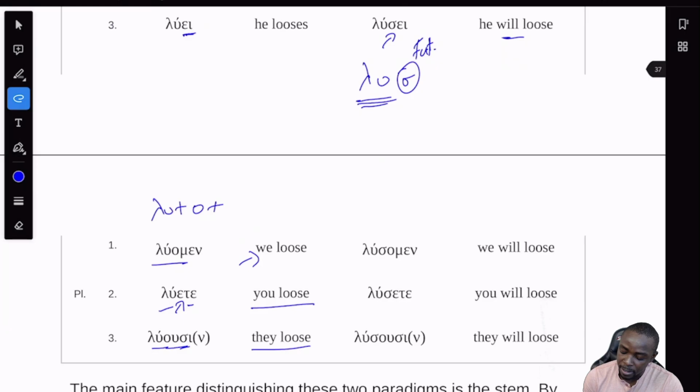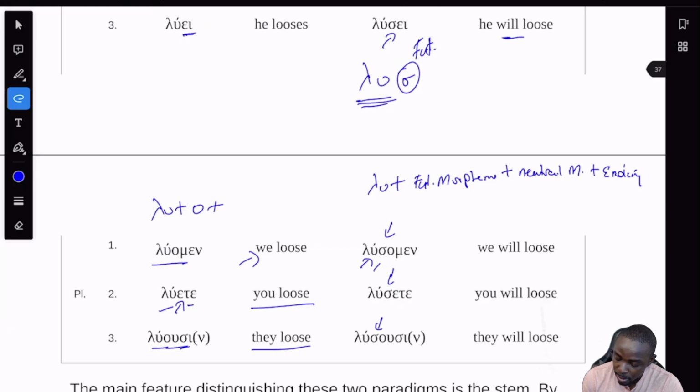And then in the plural for the future, remember the sigma travels as well to the future tense, and it's the same thing, right? You have the stem plus the future morpheme, which is the sigma, plus the neutral morpheme, plus the ending. So here you have the lu, which is the stem, then the sigma, then the neutral morpheme, which is the omicron, plus the ending. So there are 4 parts to this word, and you get we will lose.